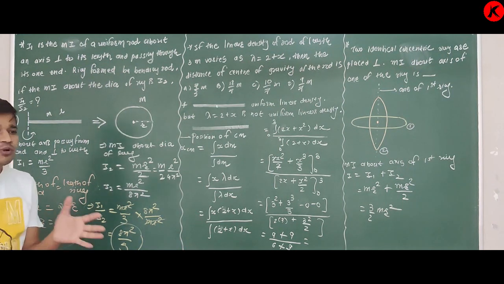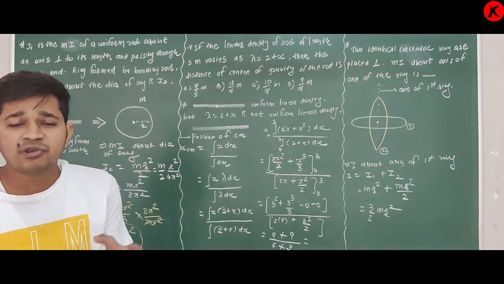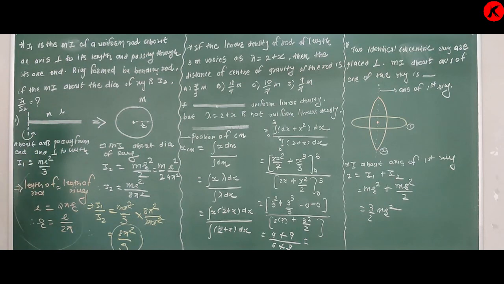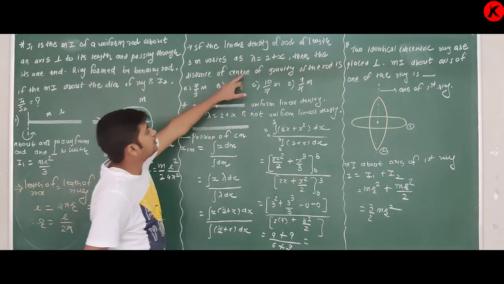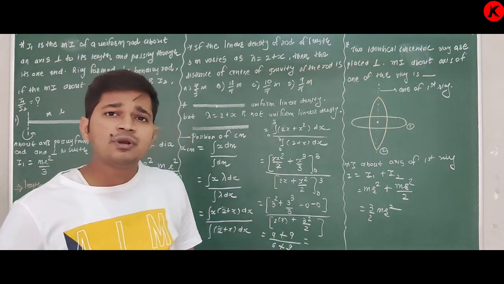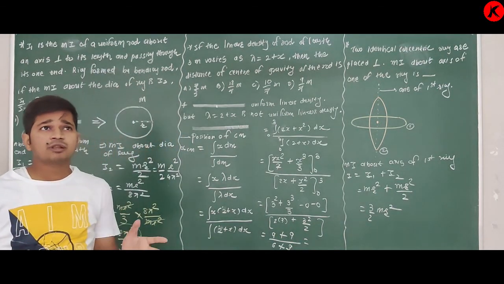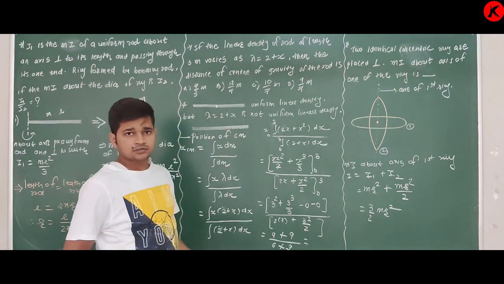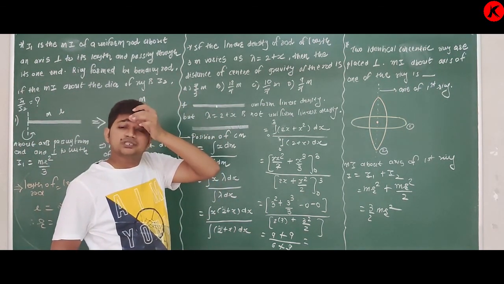You may be given the moment of inertia from its center of gravity, from this point, then the question is changed. If you are given a different equation of lambda, like 2 plus x, or x square plus 2x plus 3, whatever, then that is a new question.